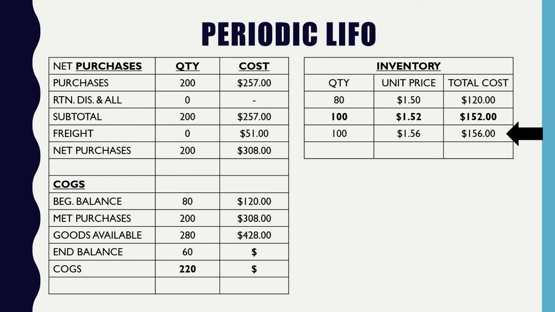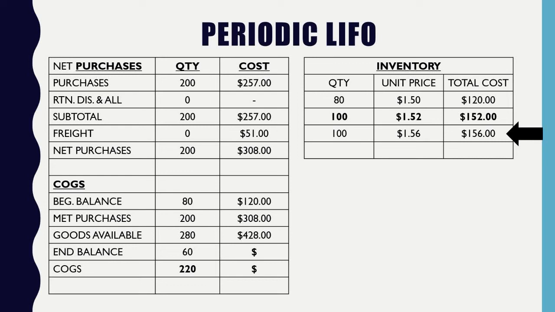And then this is where we take a look at our inventory. We have our beginning inventory, which acts as your first batch, at 80 items at $1.50. Then we made a purchase of 100 toys at $1.52, and then we made another purchase of 100 toys at $1.56.